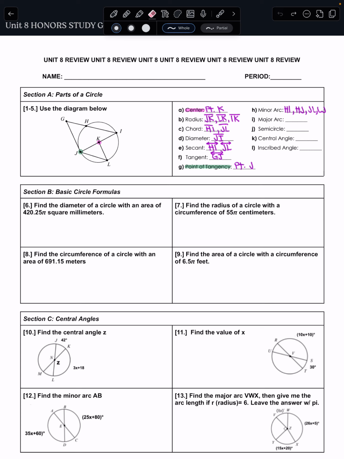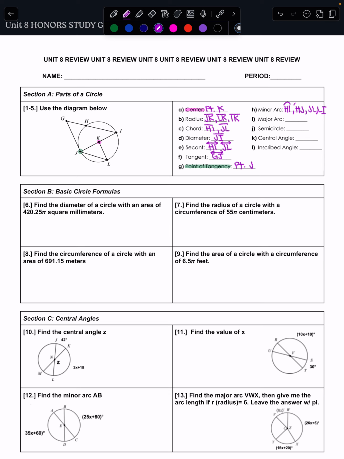Okay. To indicate that they are arcs, I'm going to put the arc symbol above them. We know these are minor arcs, again, because they have only two letters.